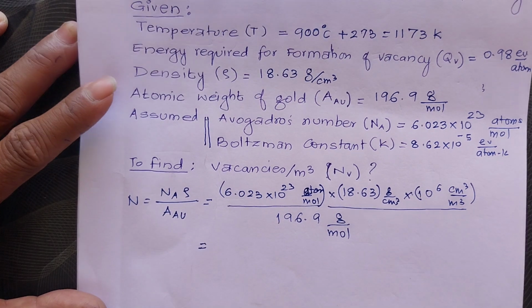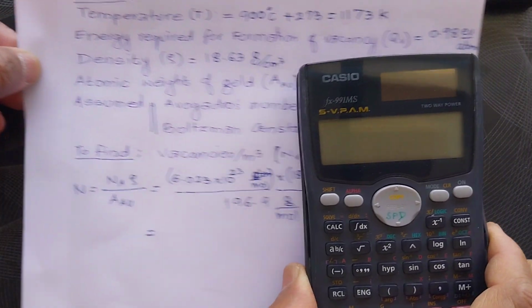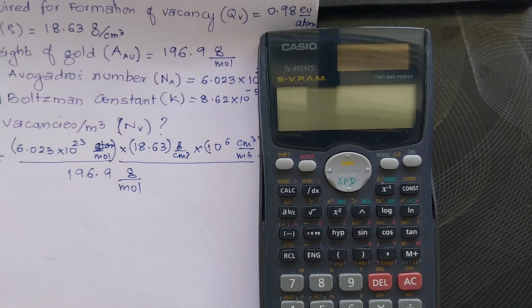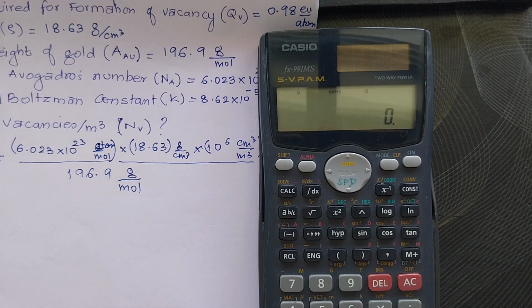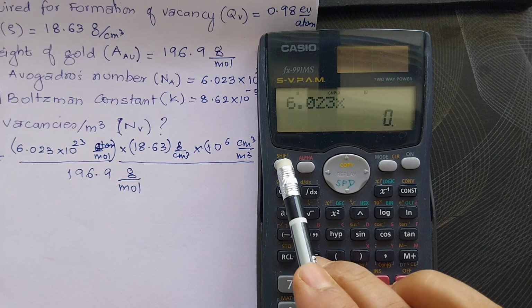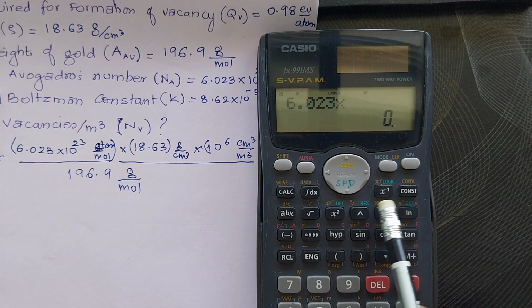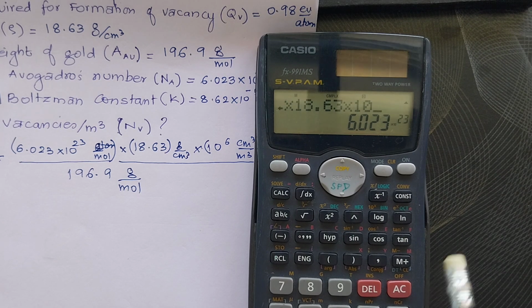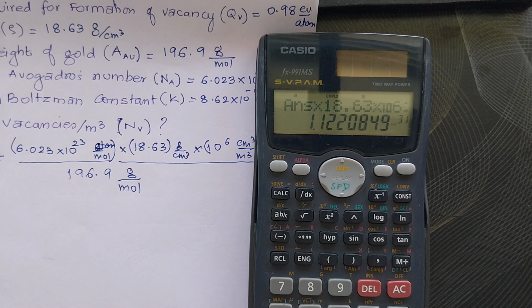On the calculator: 6.023 into 10 raised to 23, multiplied by 18.63 and by 10 raised to 6, divided by 196.9.